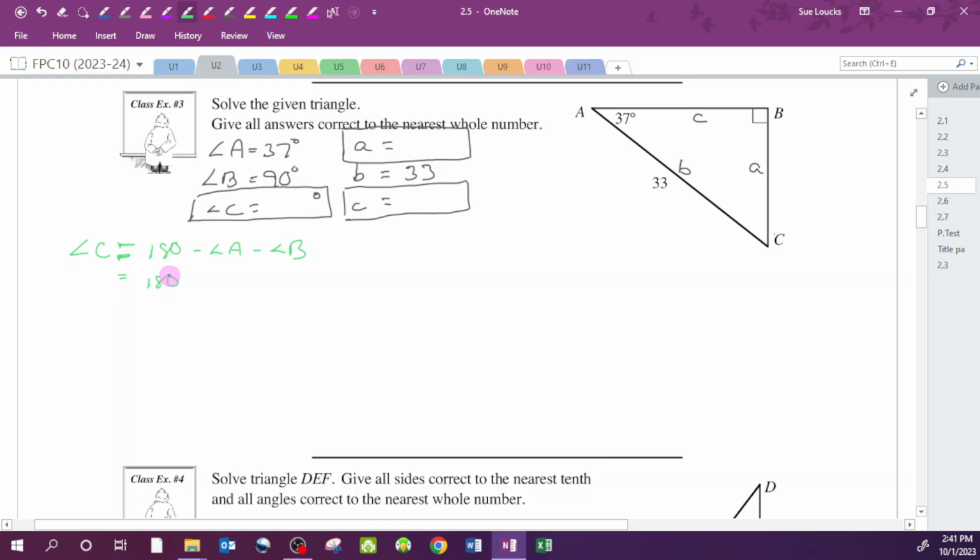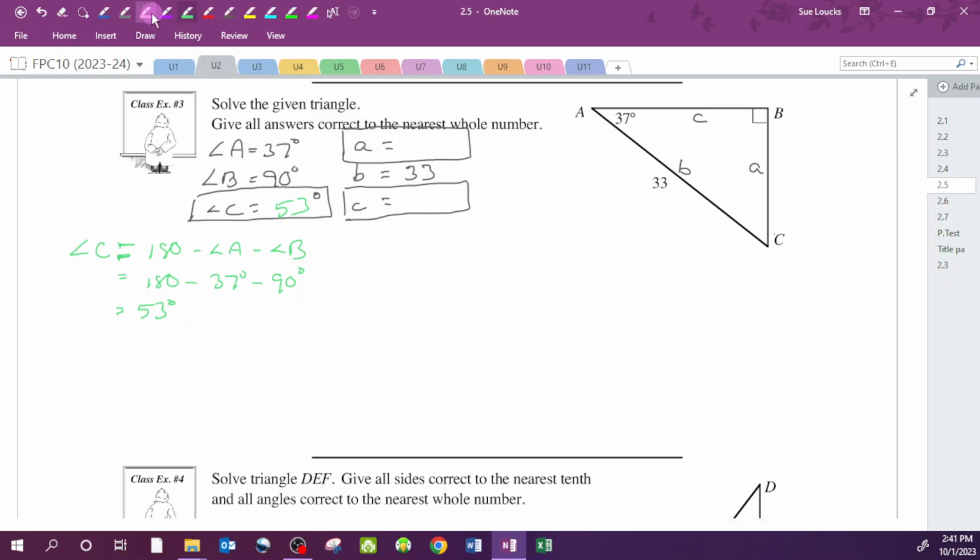So it's 180 minus 37 degrees minus 90 degrees. So angle C equals 53 degrees, and I'm just going to write that up there right now, and I'm done.